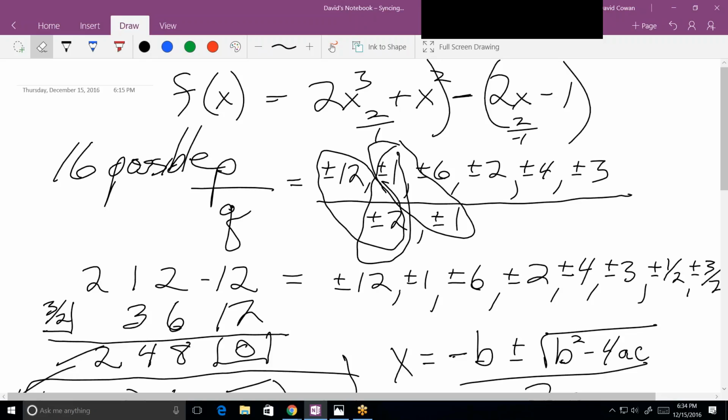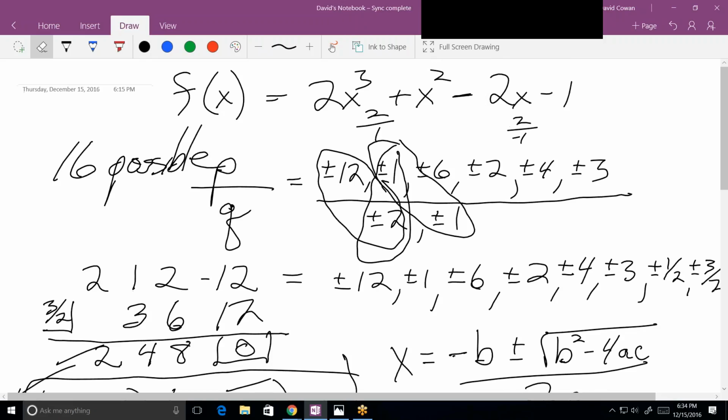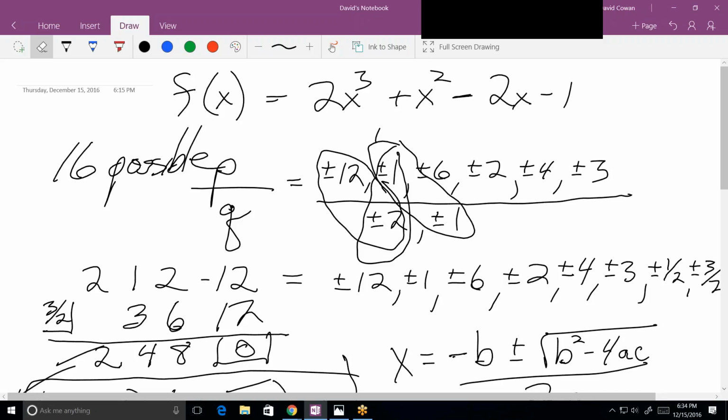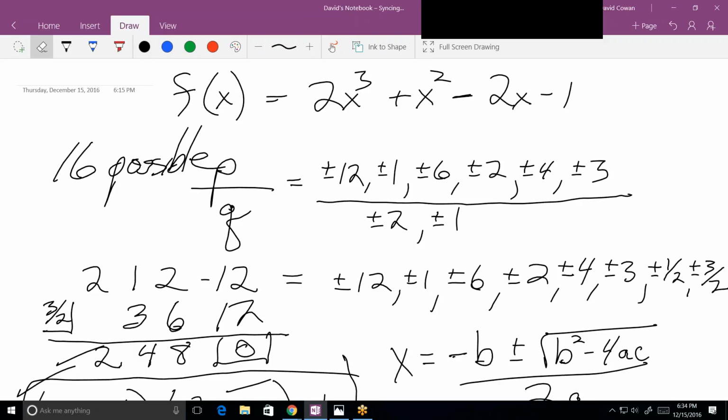If they're giving you cubics like this, then the only way to do these is either look up one solution in your calculator or use this rational factor theorem, which is P over Q. And you can imagine if that's a 12 and this were a 12, imagine your top is this numerator and your bottom is that numerator, and you have to take all combinations.